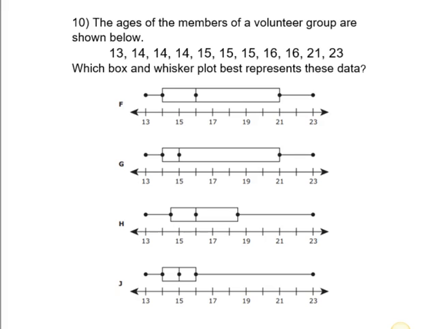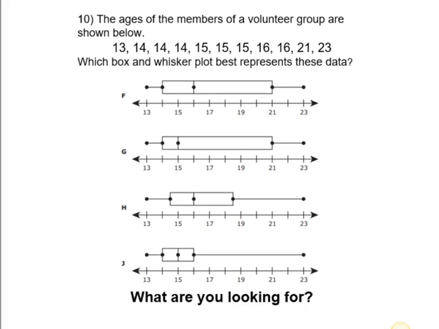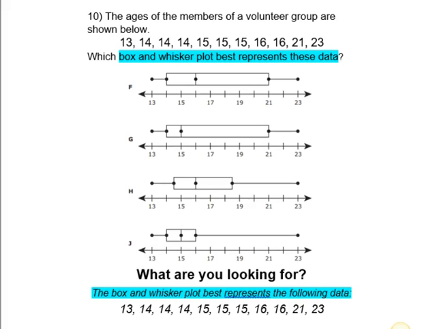So let's look at our answer choices for F, G, H, and J. What are we looking for? We are looking for the box and whisker plot that represents the following data: 13, 14, 14, 14, 15, 15, 15, 16, 16, 21, and 23.